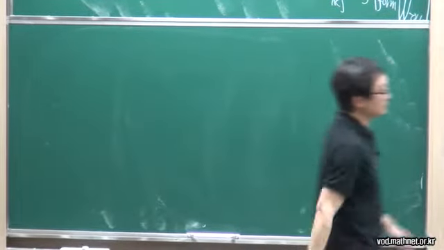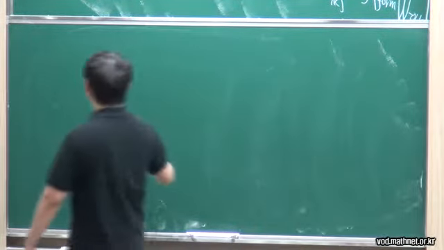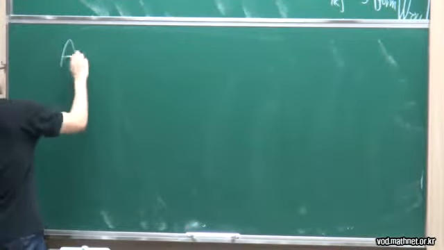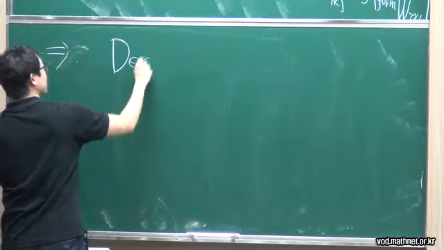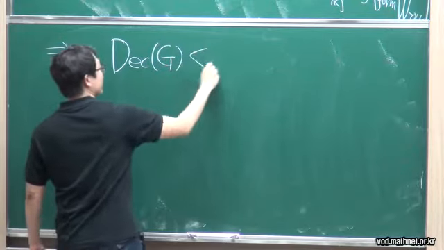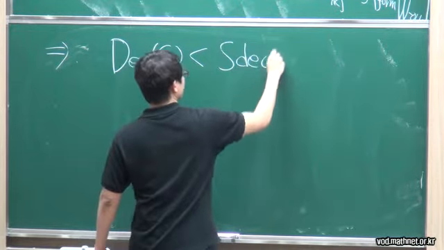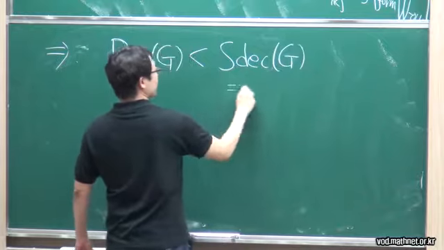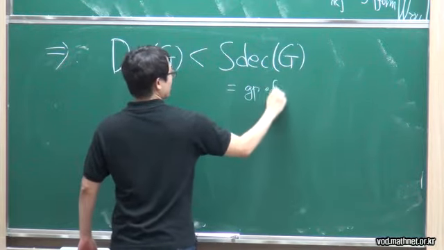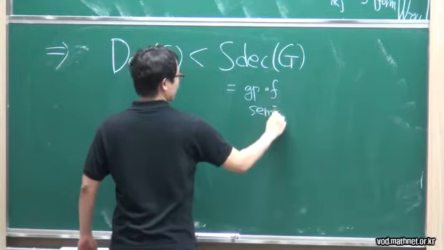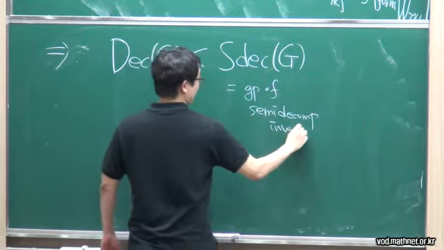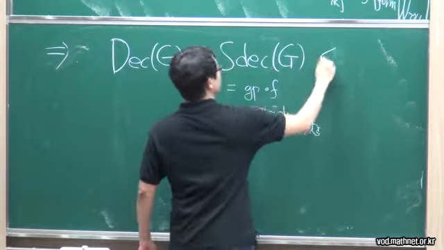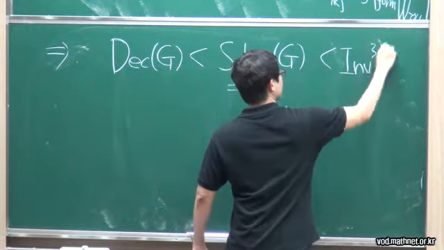And this example is due to Cell, and so we can say that decomposable invariance is a subgroup of semi-decomposable. So this is the group of all semi-decomposable invariance. It's a subgroup of normalized invariance.